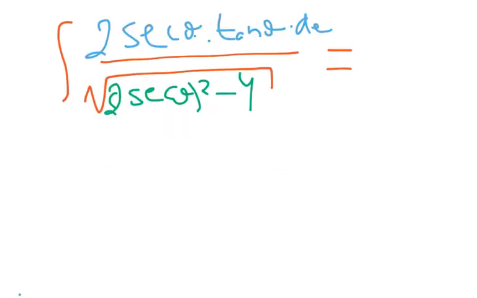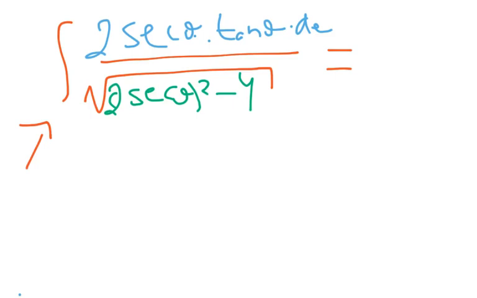So this is what this turns out to be. And then we've got our 2 secant of theta tangent of theta d theta, and then in the denominator, we've got this great chunk. It's not a big deal at all.